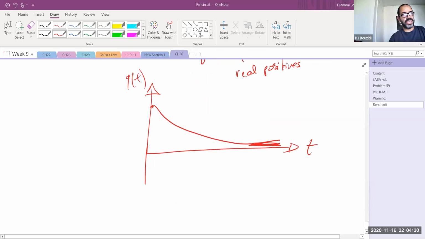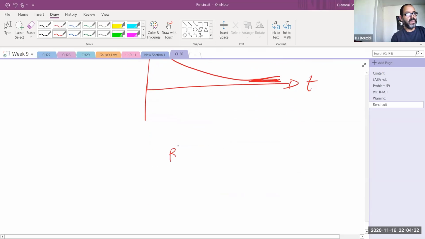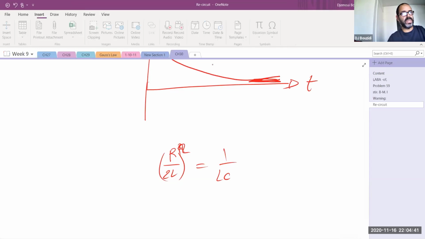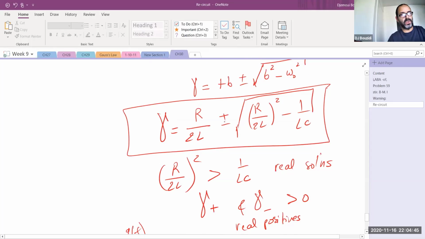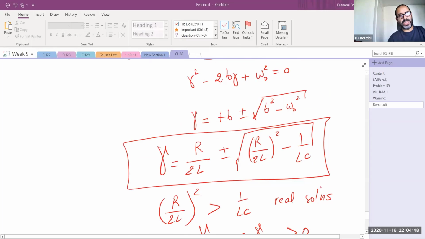Now, there is another condition where (R over 2L) squared is actually equal to 1 over LC. In this situation, the square root is 0, because the square root of 0 is 0. And of course, for gamma, in this situation, I have two solutions, both of them the same solution.